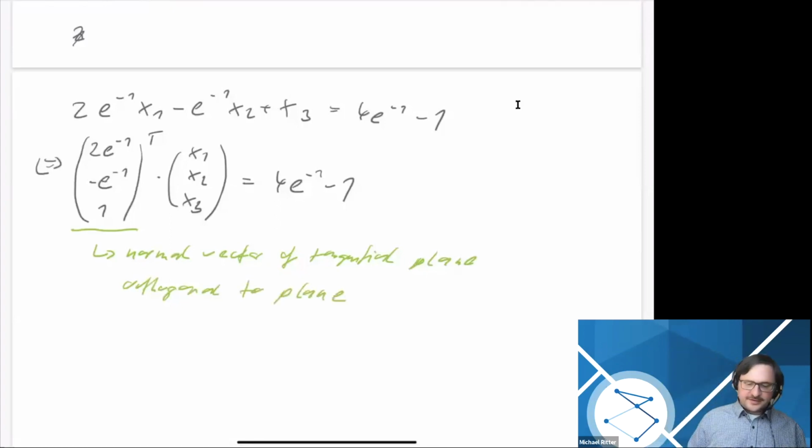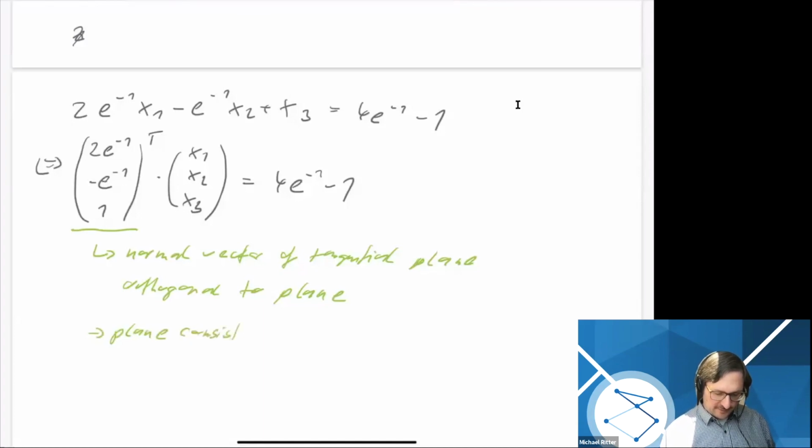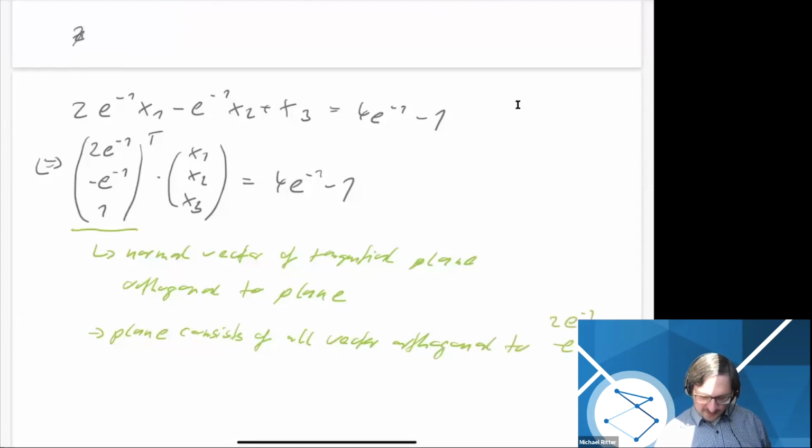That means every vector that is orthogonal to this one is contained in the plane, right? So basically the plane consists of all vectors orthogonal to (2e^(-1), -e^(-1), 1).